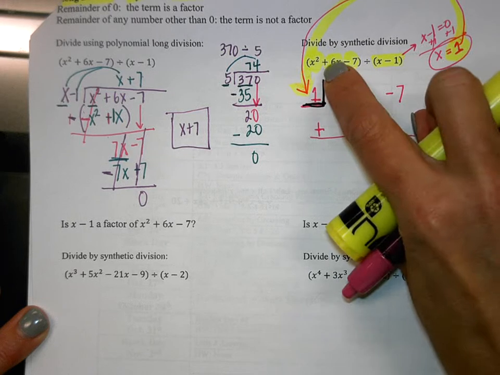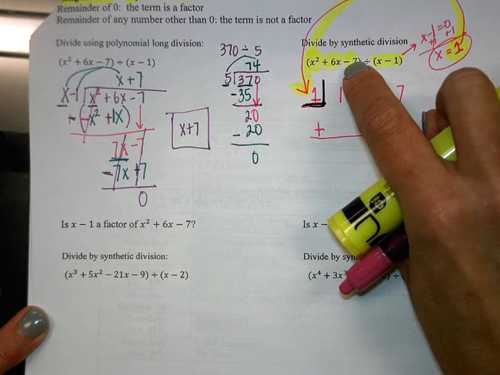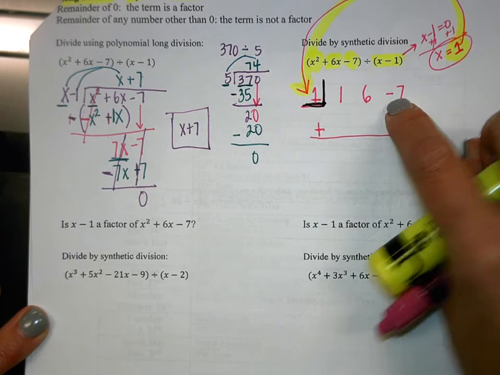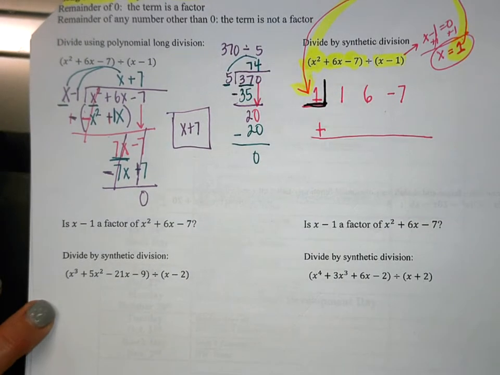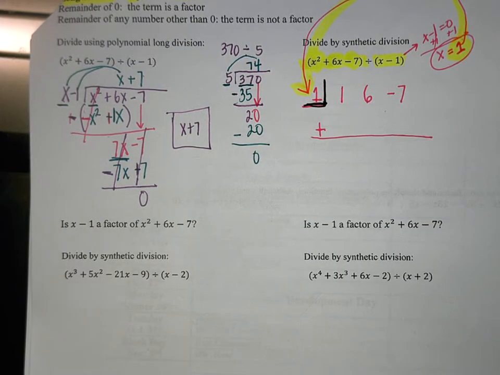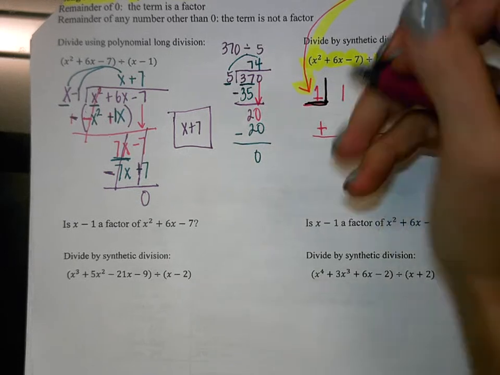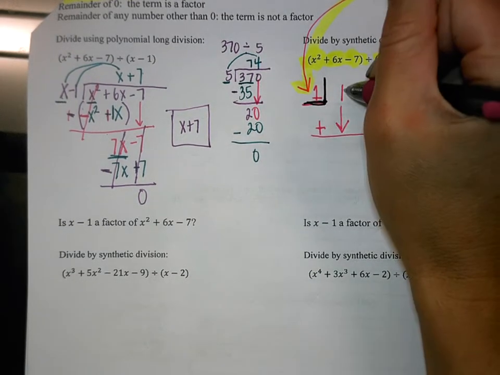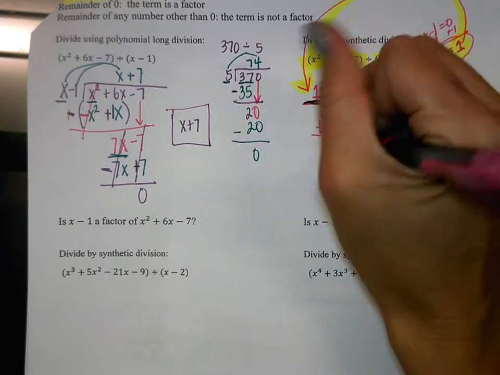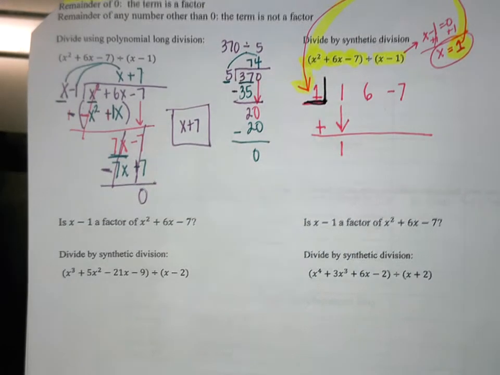The coefficient for 6x was 6, and then my last number that doesn't have a variable is -7. Is everybody good with all these numbers? Okay, now when you start, you always bring down this first number, and since it's a 1, I'm going to bring that straight down, and I'm going to write a 1 here.